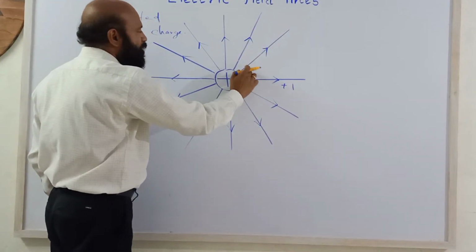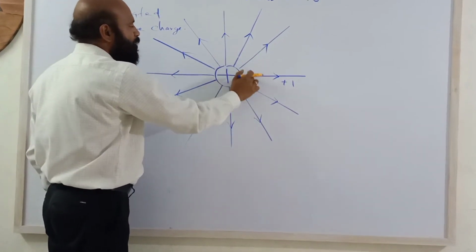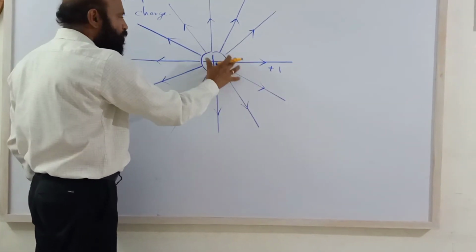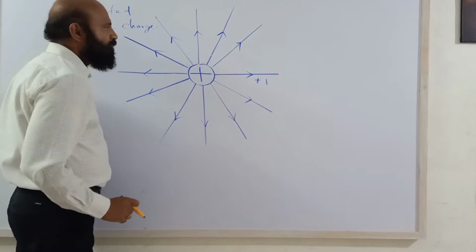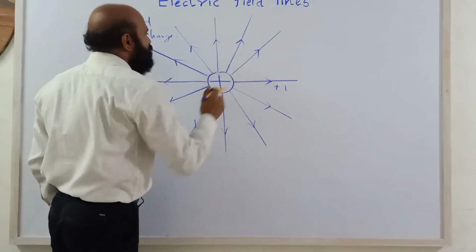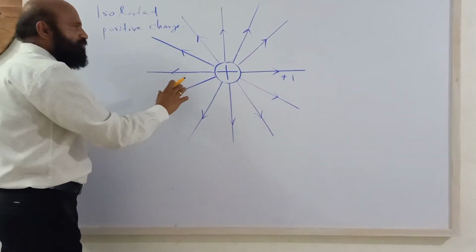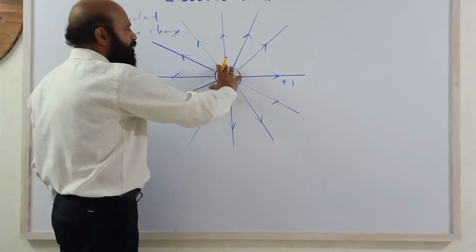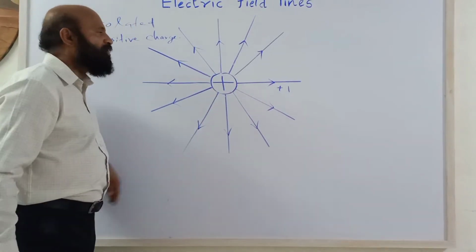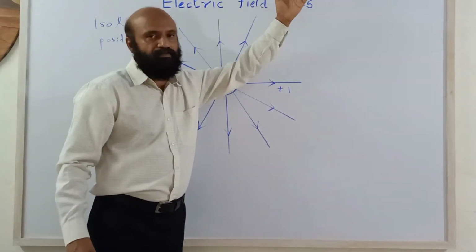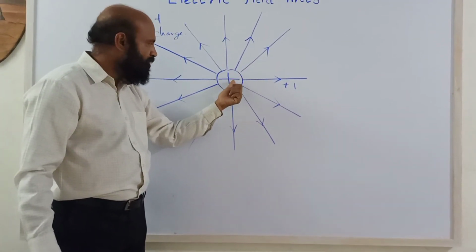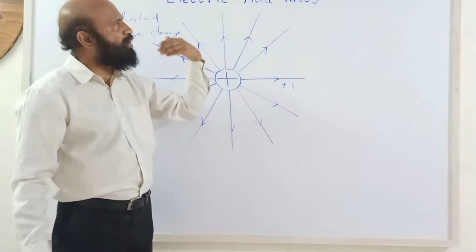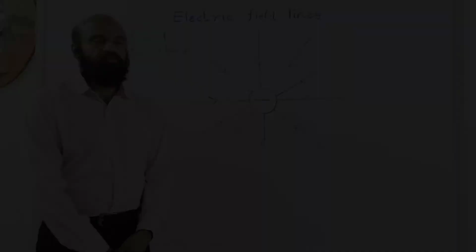So here lines are crowded, so intensity is more here. Here intensity is less. For a positive charge, electric field lines are directed away and it will end at infinity. The field will start from the charge and end at infinity.